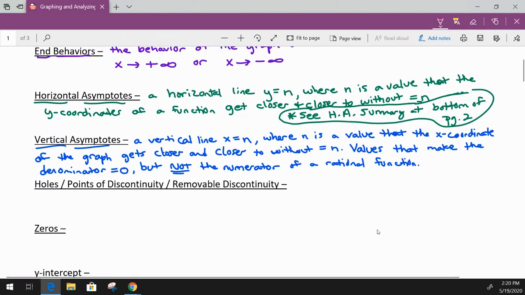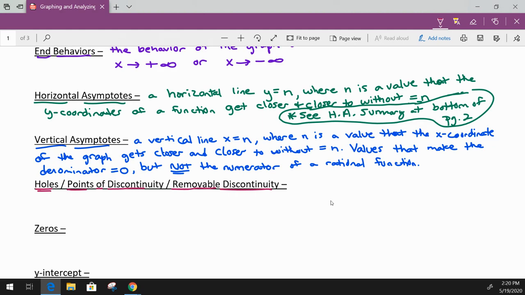All right, holes. Different textbooks and people call it different things. A hole is a point of discontinuity. It's also called removable discontinuity.